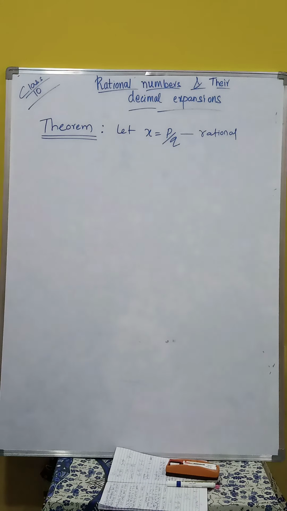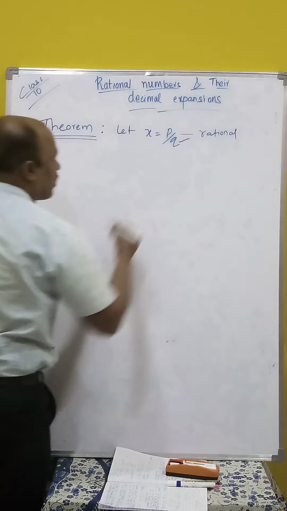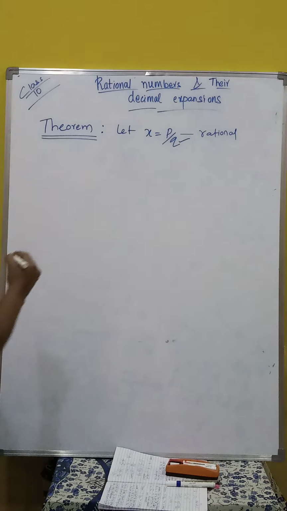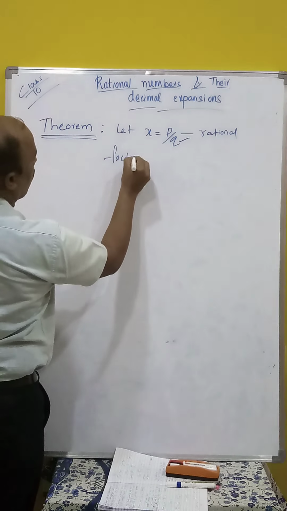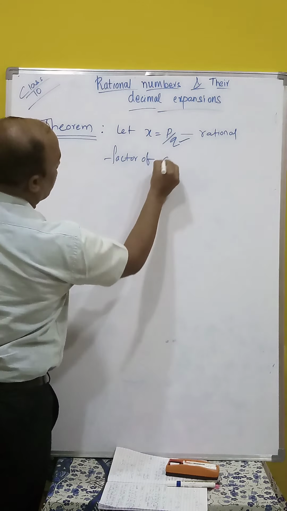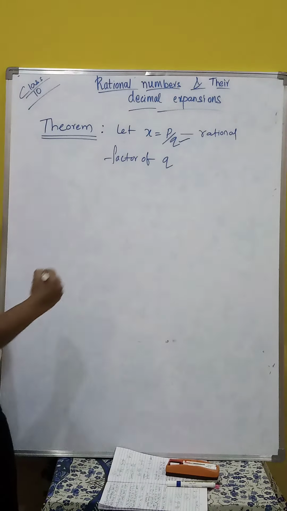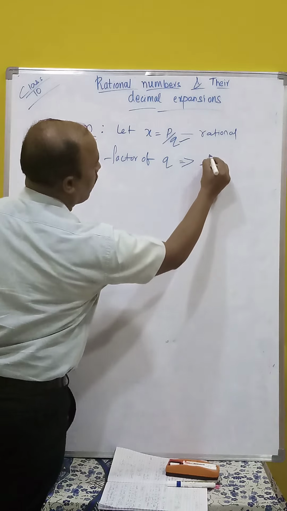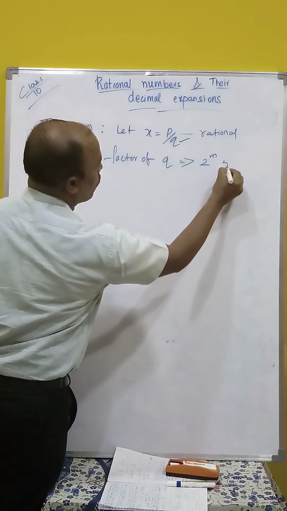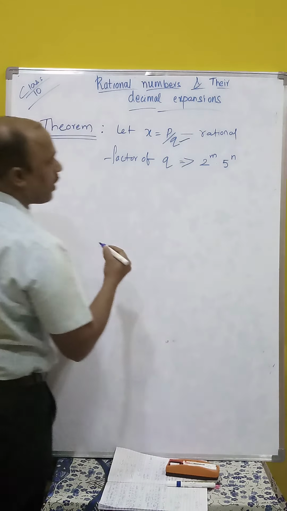Here, students, the factorization of q, or factors of q, if it is in the form of 2 power m into 5 power n.